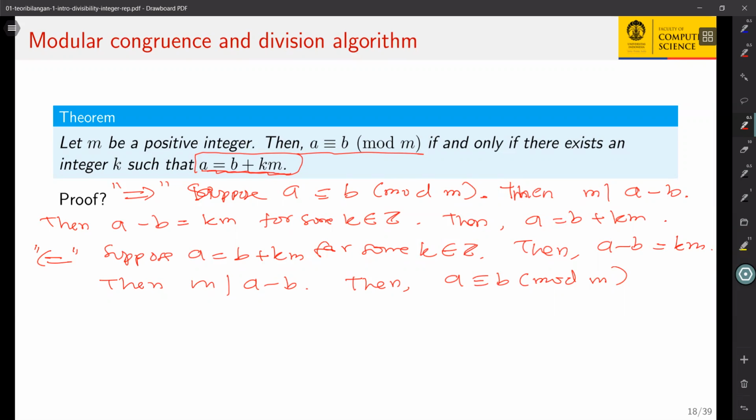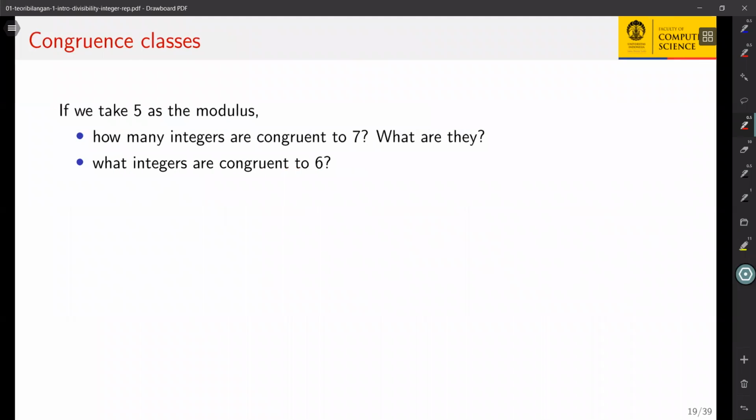Now, if you look at this congruence relation, if you take 5 as the modulus, the m here, how many integers are congruent to 7? How many integers are congruent to 7?